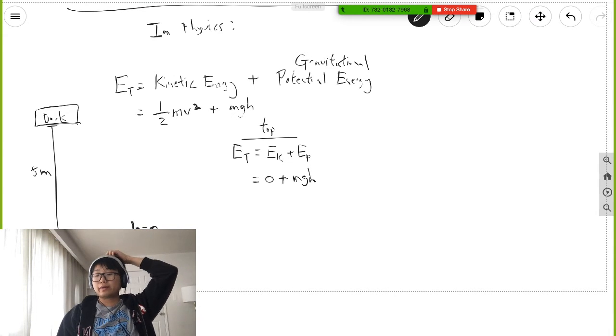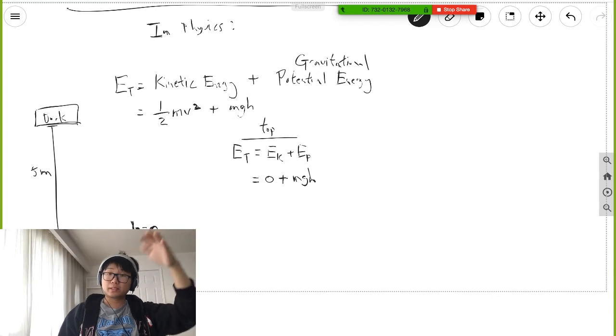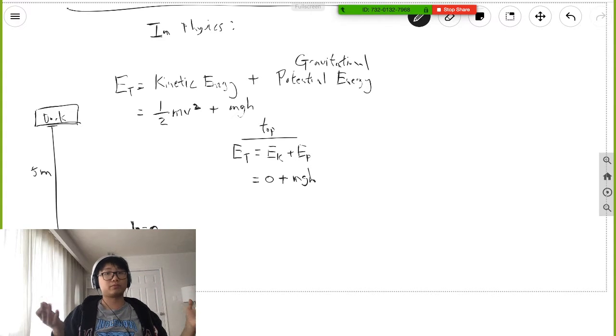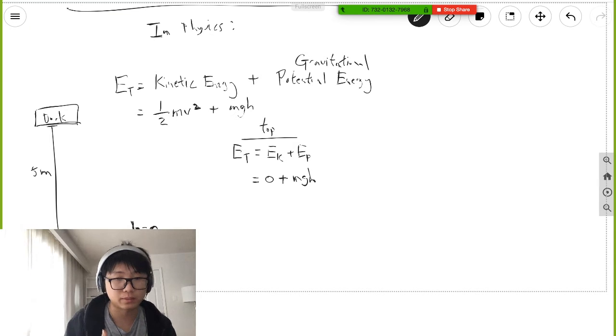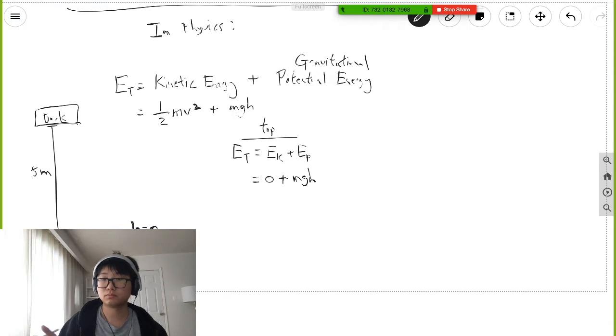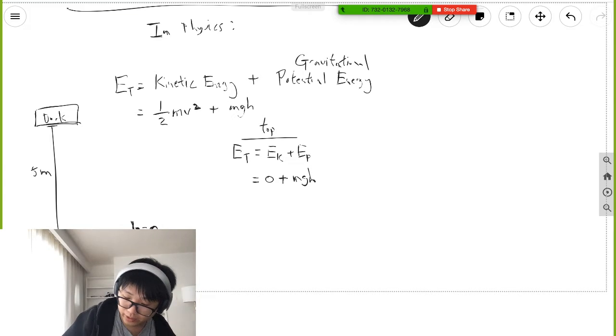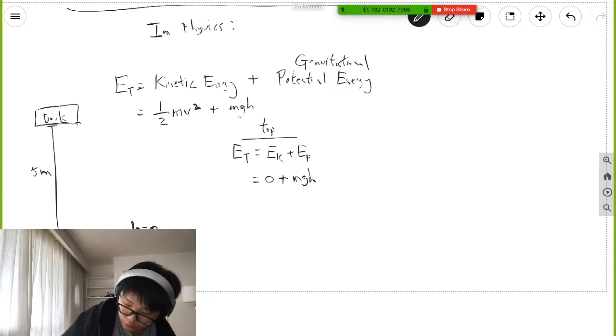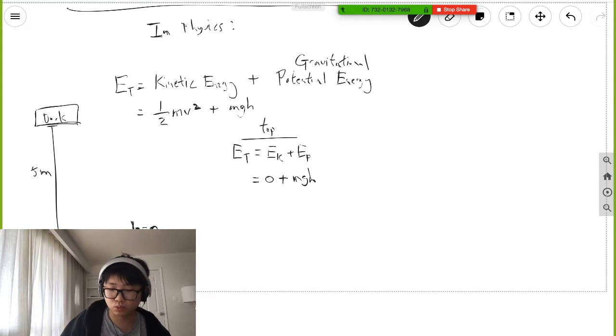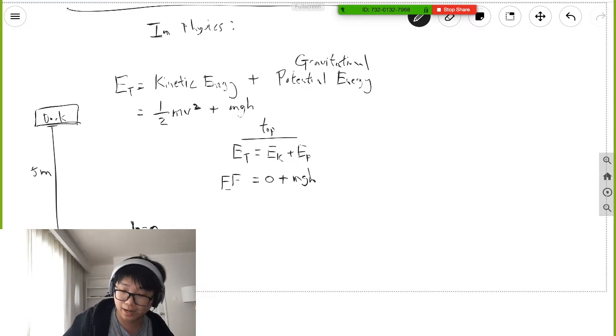Then you'll just calculate a negative energy, which could make sense because with energy, we're always looking relatively. You can never say the absolute energy of something. I don't know what your energy is, but relative to someone else, I can tell. So it's always in reference to something. So E total at the top, the total energy he has at the top, is just equal to mgh, and we can get an actual value for that.